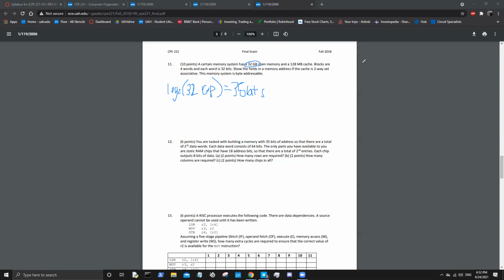Somebody said 2 to the 30 in the chat. I feel like that's too big. Okay. Yeah, he did say that, but let's see. I calculated something to be 2 to the 20th. Yeah, log base 2 of 1024 times 1024.